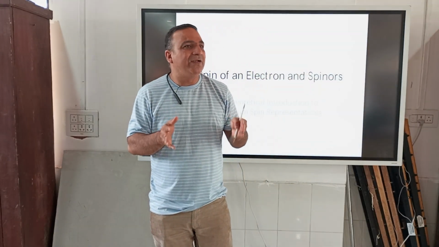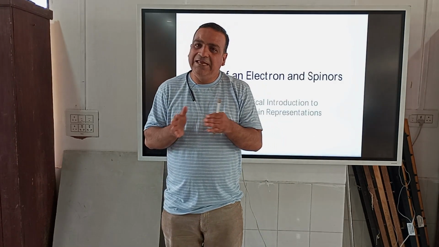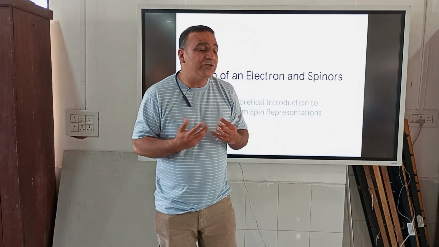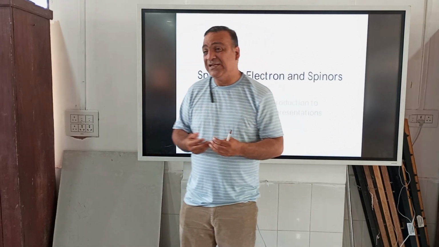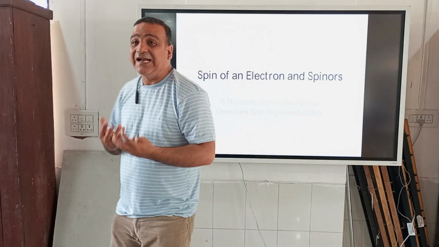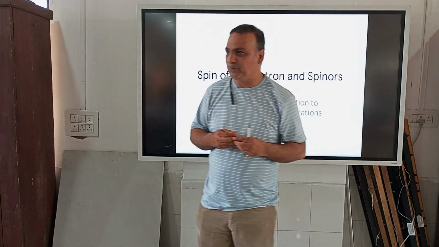You don't have a description, you don't have a physicality in the microscopic world. You have something called a degree of freedom. The spin is basically a degree of freedom that's associated with these microscopic particles.